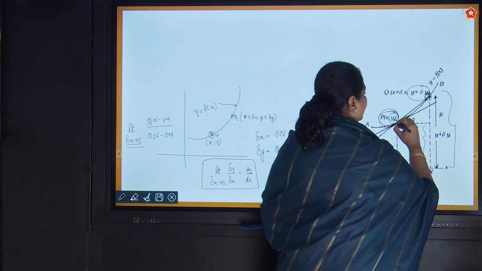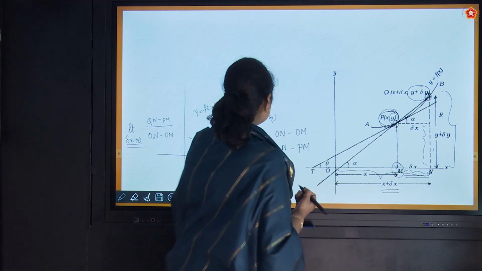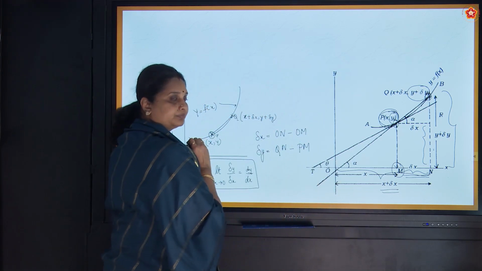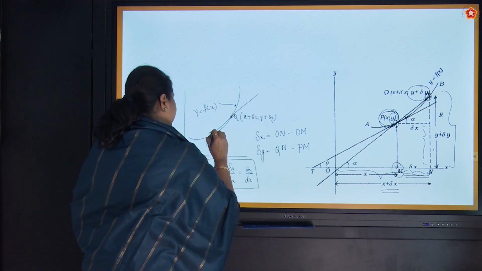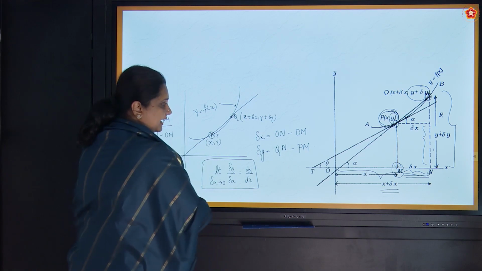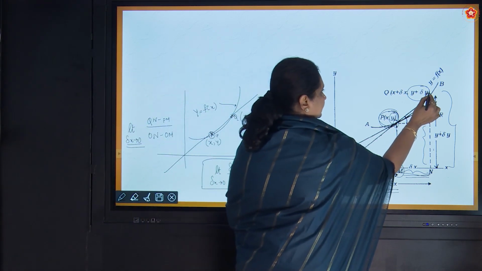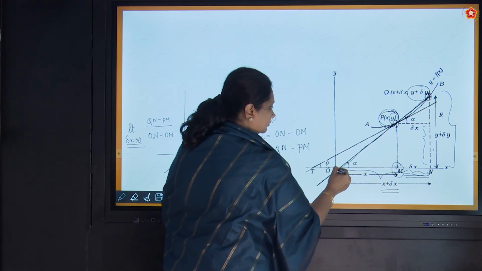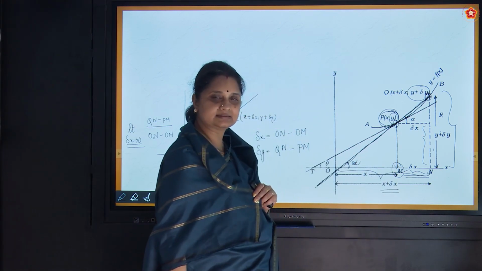I have taken a point P and then moved on till Q. To represent that on my curve, I'm going to join it with a line. That's the chord. When I extend my chord, I get a secant. This is the secant that gets extended, and it makes an angle alpha with the x-axis.